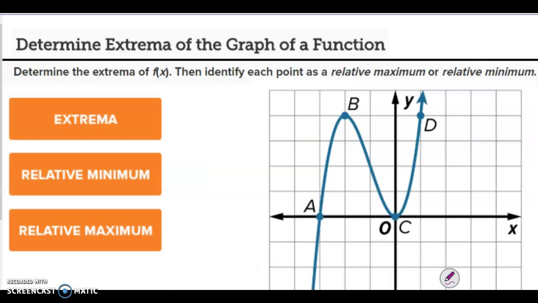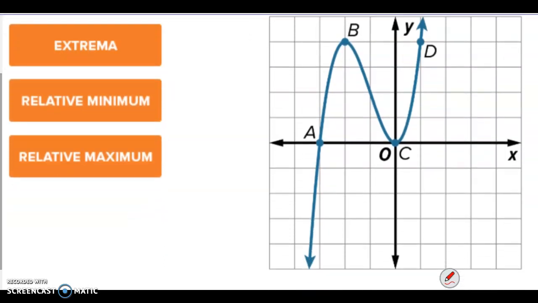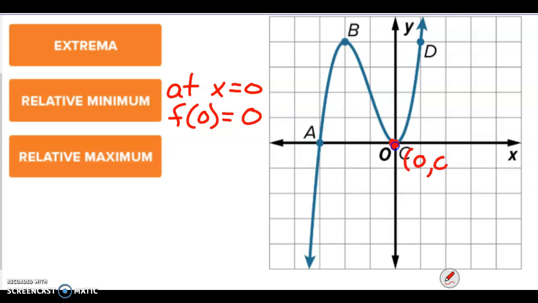So now we're talking about extrema. Your relative minimum is first, sorry. Your relative minimum is at x equals 0. So then f of 0, for what the actual value is, it's right at the origin, so your value is 0 because your ordered pair there is (0, 0).